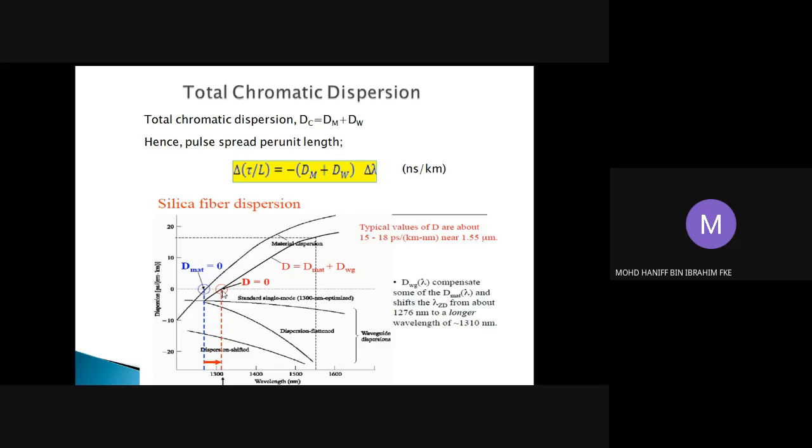So this zero dispersion wavelength at 1310 nanometer is obtained when we consider a summation effect, a combination effect of both material dispersion and waveguide dispersion.